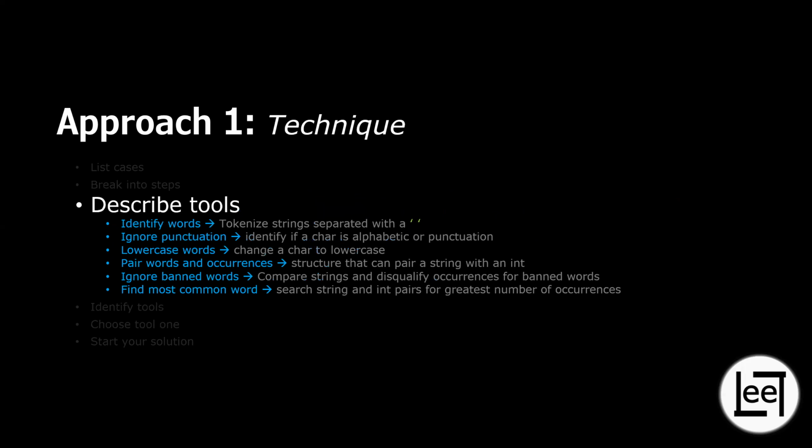Here are some descriptions. To identify a word, we need to tokenize strings by separating the string we're given every time we see a space character. Now, to ignore punctuation characters, we'll need to understand whether a character we're looking at is alphabetic or if it's a punctuation character, and the list goes on. Now that we have described the tool, we can actually find the tool that does this.